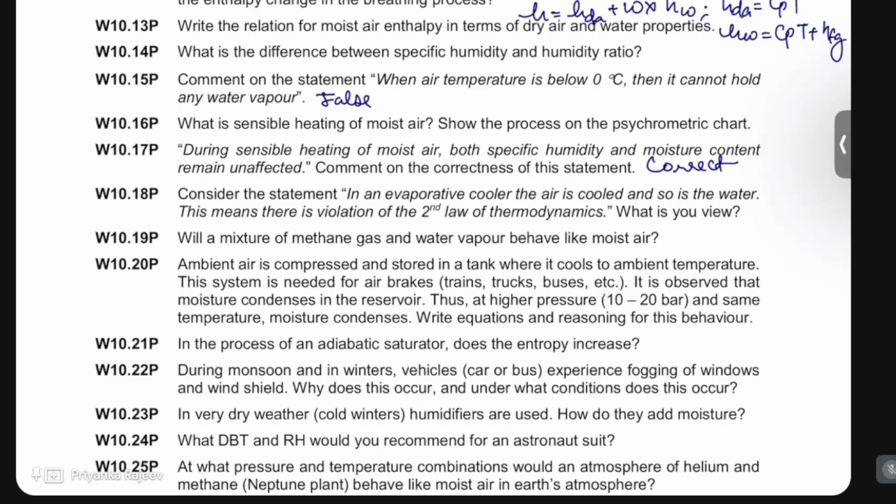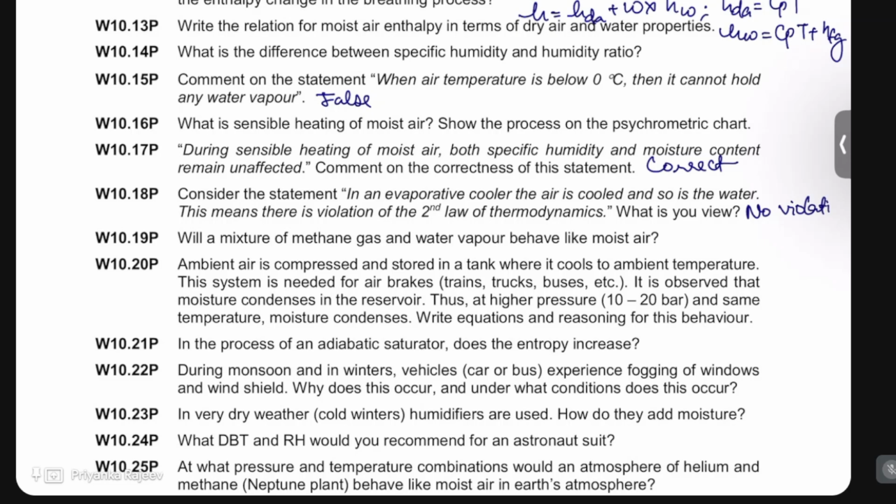Does that violate the second law of thermodynamics or not? That is the question. So the cooling achieved in the system is achieved by evaporation, which requires latent heat from air. So entropy is going to increase, like any heat addition, entropy is going to increase. So no violation is there.